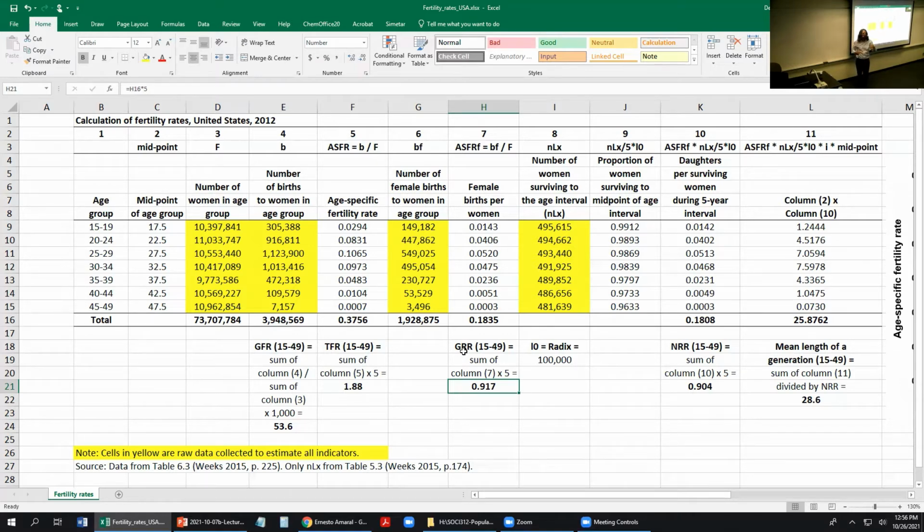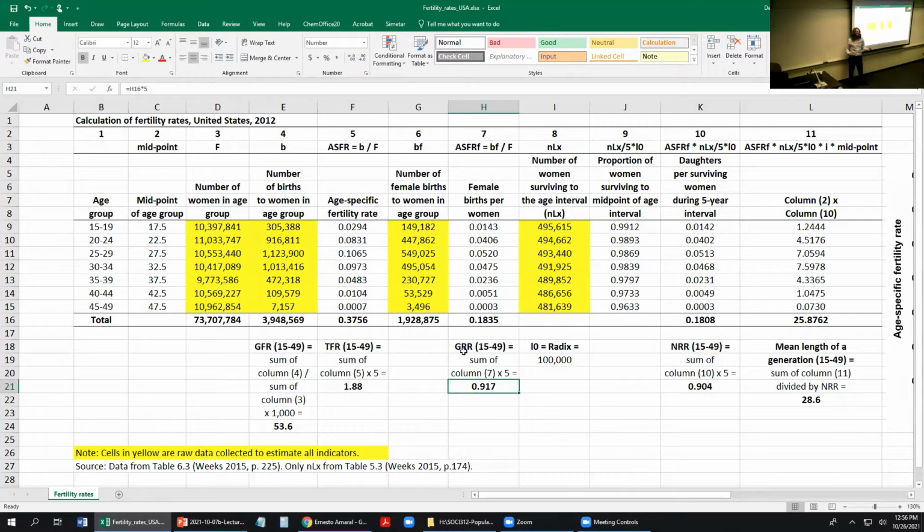We usually say that fertility is below the replacement level when the total fertility rate is below 2.1. Why 2.1 and not 2? Exactly because a lot of these women will not experience all these age-specific fertility rates throughout their lives because some of them will die before reaching 49.